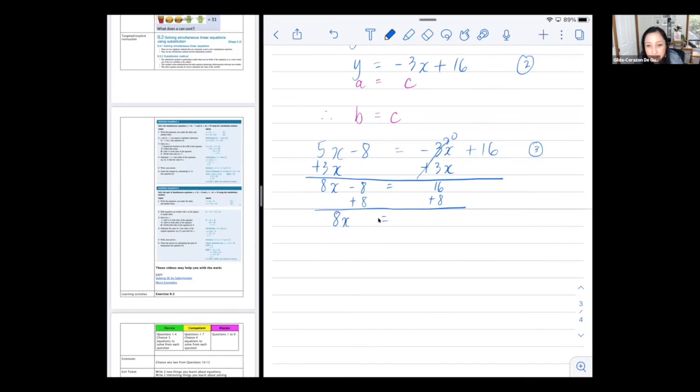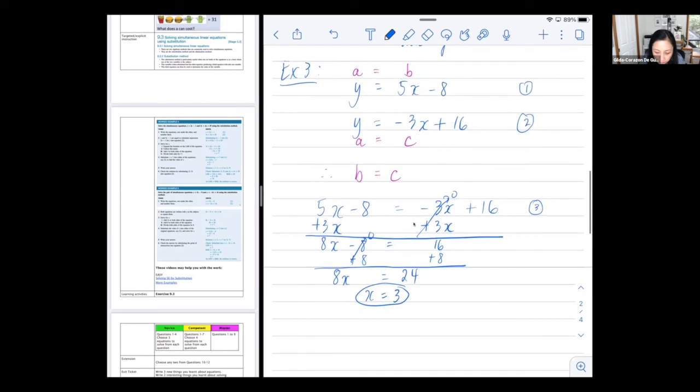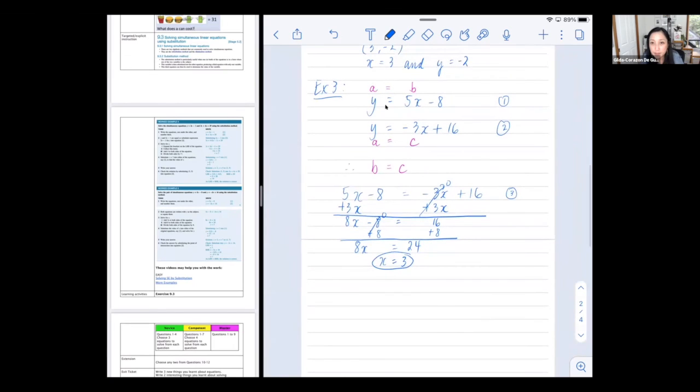-8 plus 8, you get 0, so that cancels out, right? And you have 16 and 8 giving you 24. 8x equals 24. 8 times something gives you 24. That something must be 3, right? And now you're lucky because then with your equations, you can pick any of them and substitute the value of x.